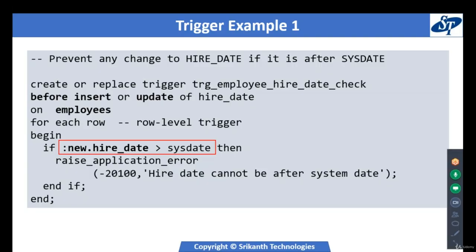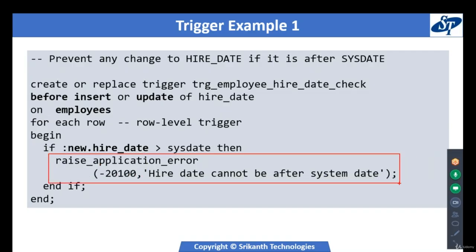So I want to know whether hire date column is greater than sysdate, and this is exactly how you access hire date. You have to give colon new dot, and new is considered to be correlation name. So colon new is how we refer to the new row, and then hire date is the column in that row. And if it is greater than sysdate, I raise application error.